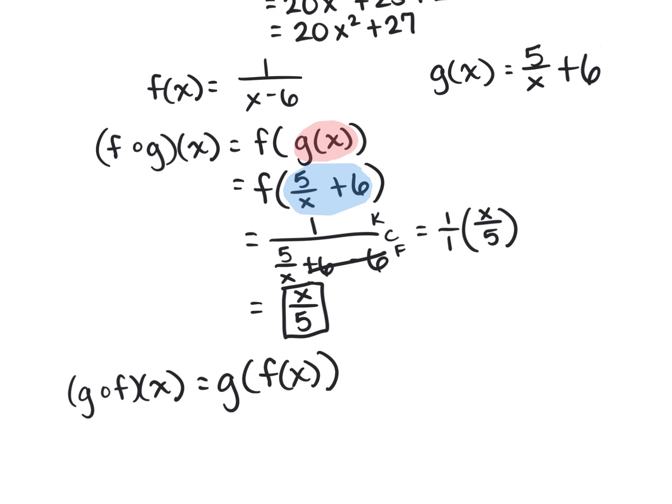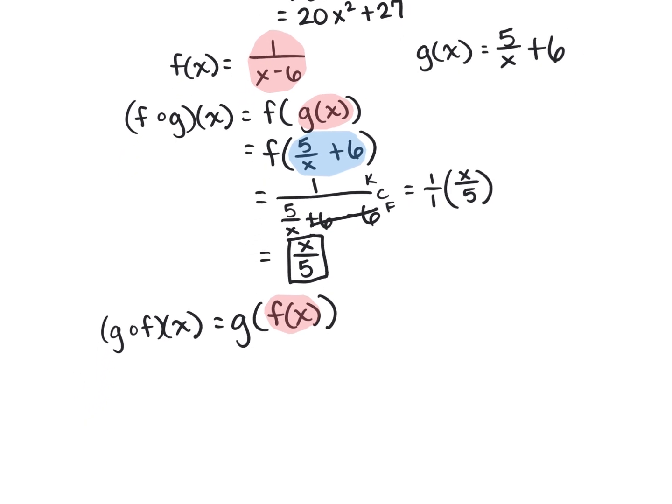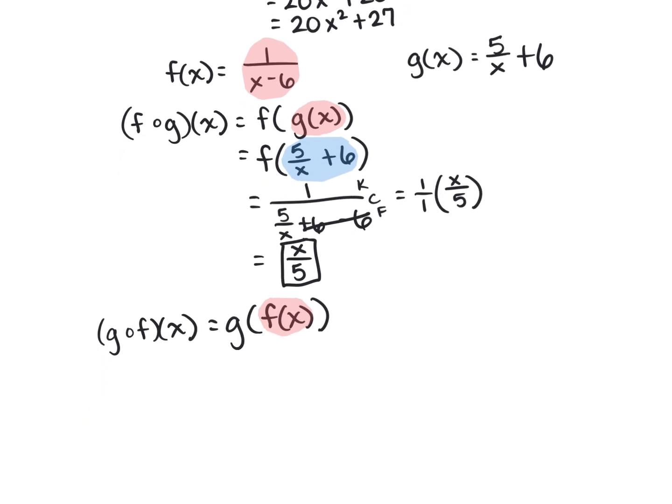So I'm going to take the f of x function right here, and I'm going to substitute it in here. So this is going to give me g of 1 over x minus 6.